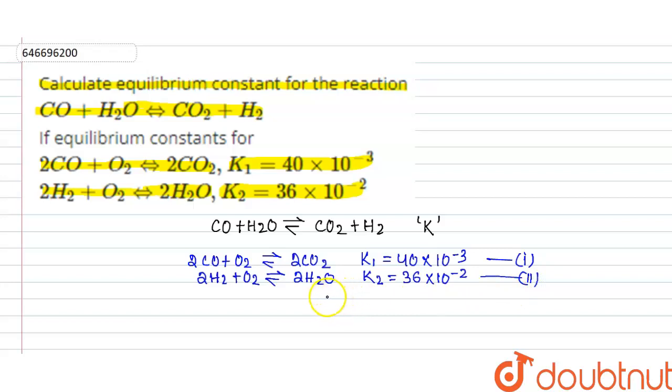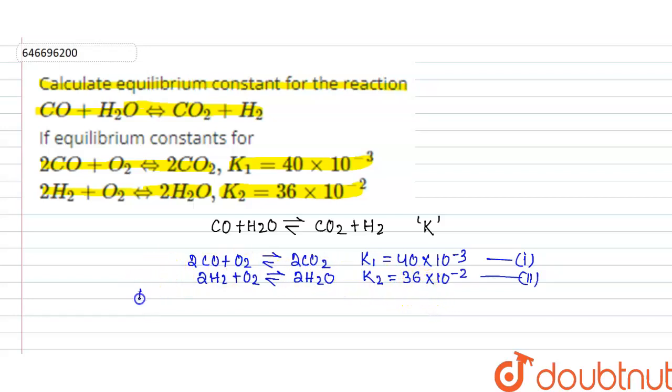Now, in the main equation, water is at the left side, or the reactant side. But in equation 2, water is on the product side. So first we have to reverse equation 2.